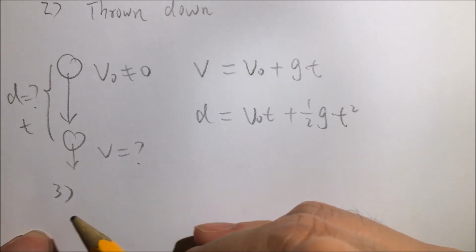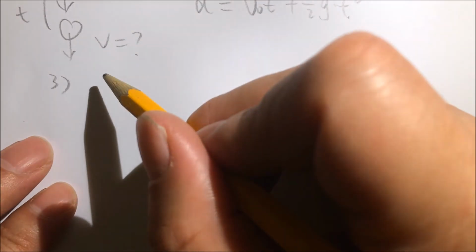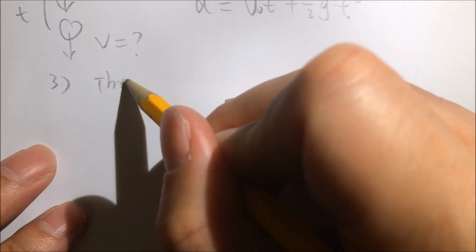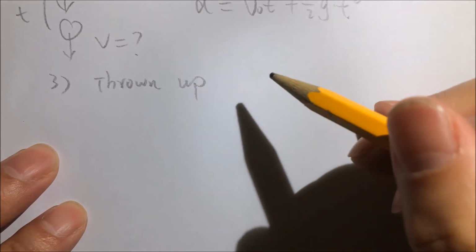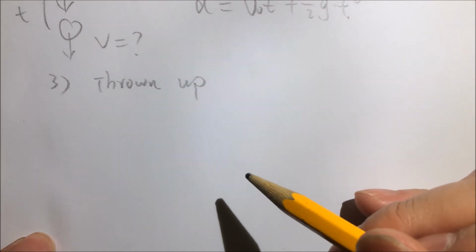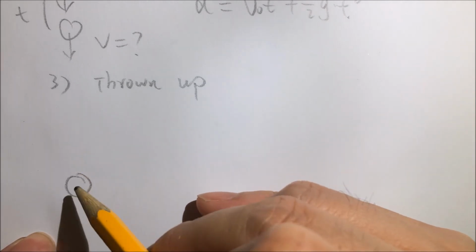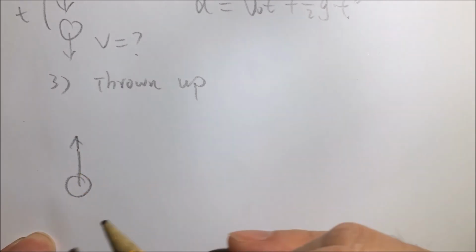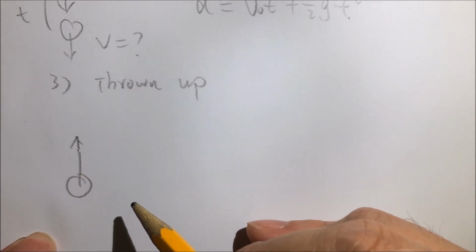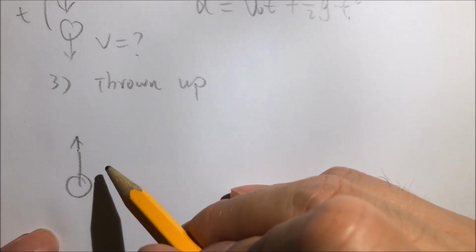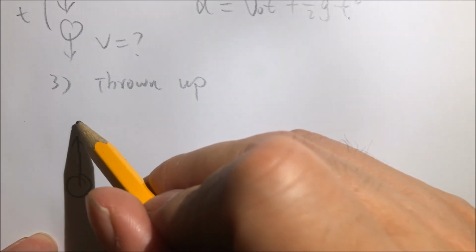And then we have the third case, which is the object is thrown up. In that case, we have to see that when the object is thrown up, the acceleration due to gravity is actually trying to reduce its velocity.